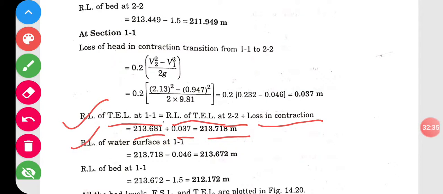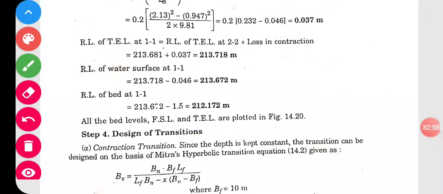Once you get the total energy level, the RL of water surface will be the RL of total energy level minus velocity head, that is 0.046 at this particular section. So this will be your RL of the water surface. Once you get the RL of water surface, then we will go to the RL of bed.